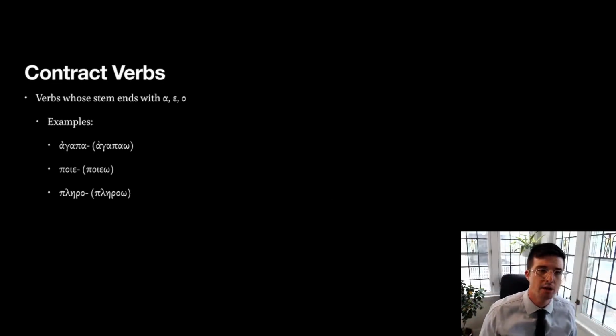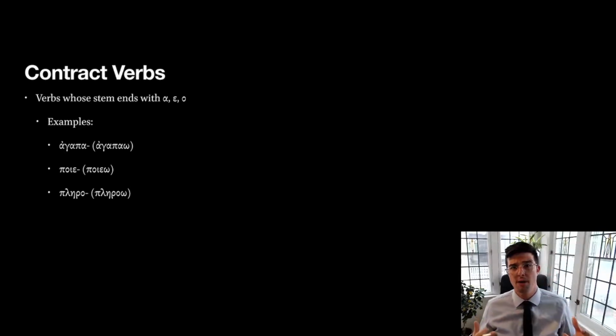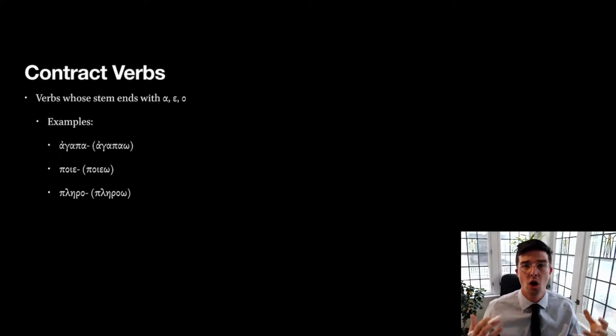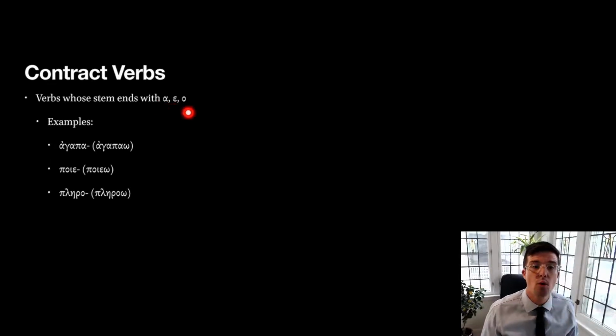When we're talking about contract verbs, we're talking about verbs whose stem, that is before anything has been added onto it, either a morpheme or a connecting vowel or an ending, just the stem itself ends with one of three letters. And these three letters are all short vowels: alpha, epsilon, or omicron.